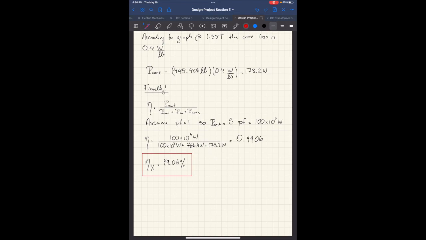You can use different numbers if you want. This is just a suggestion if you want to try it. I haven't done this, so I'm not sure. Or maybe I did this, but I did it 2 years ago, so it's like I never did it. I don't remember. So I recommend trying this one. It should work out if you follow the same procedures. Numbers will be a little bit different.